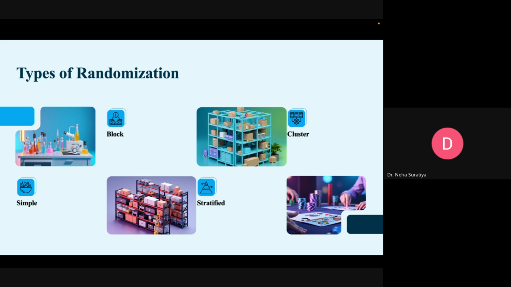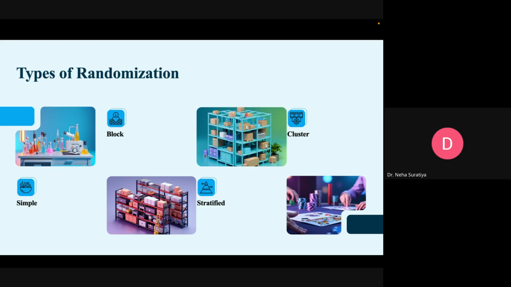The third is stratified randomization. Participants are first divided into some important subgroups. Stratified means dividing them into important subgroups, for example, male, female, or diabetic, non-diabetic, younger, older. Then randomization occurs within each subgroup.